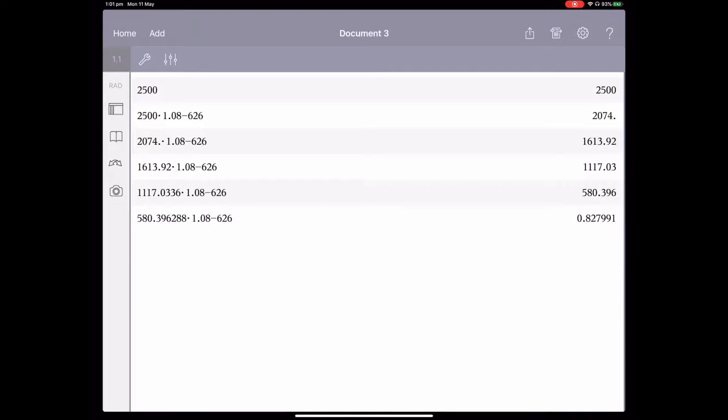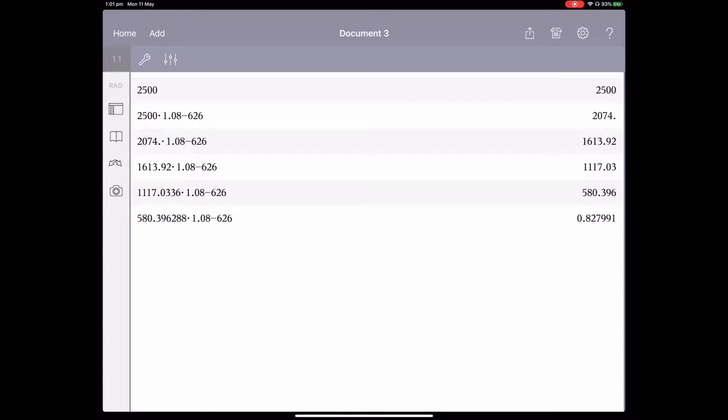I've just moved my keyboard out of the way so you can see what we have. 2,500 is where we started off. At the end of the first year, we had 2,074. At the end of the second year, 1,613.92.